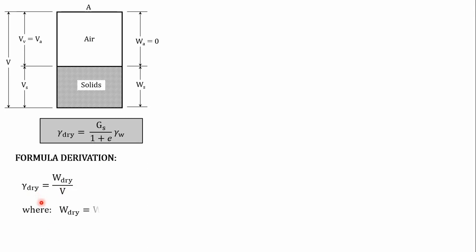Weight of dry is equal to the weight of solids, and the total volume is equal to the volume of solids plus the volume of voids, or volume of solids plus volume of air. By substituting, unit weight ng dry is equal to weight of solids divided by the volume of solids plus volume of voids.